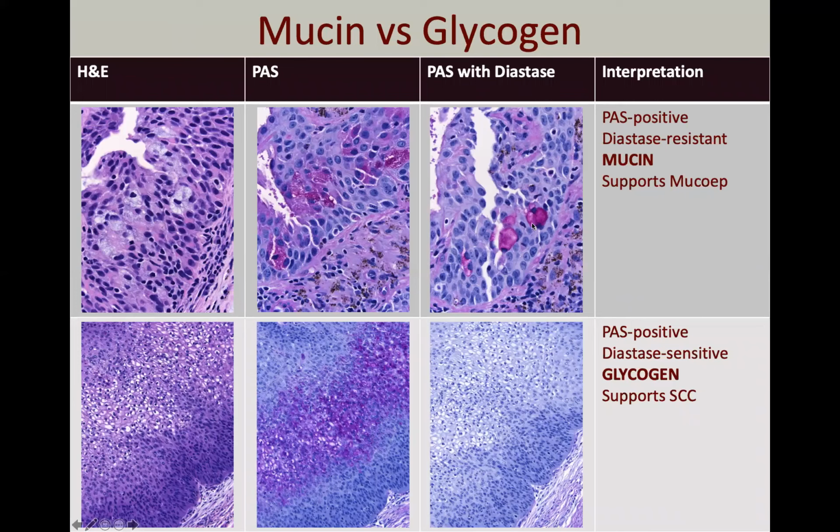Mucin is diastase or amylase resistant, okay? So PAS will stain mucin and glycogen. Diastase will digest out the glycogen. That is perhaps supportive that this is a squamous cell rather than a mucinous cell. If you see intracytoplasmic mucin with that PAS-D stain, that can be supportive of mucoep.